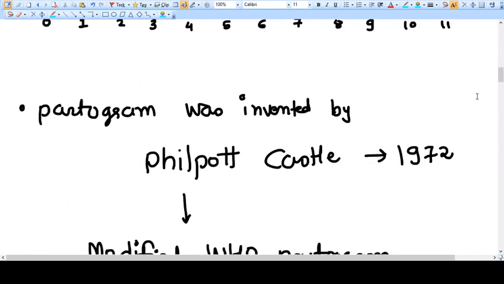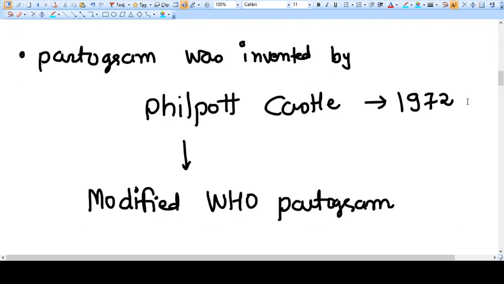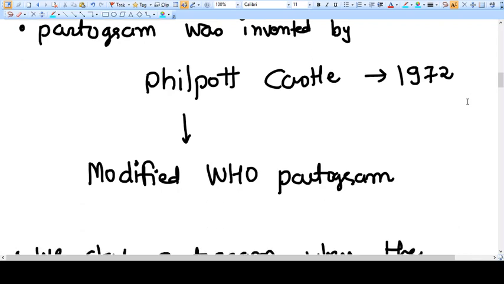One thing I want to remind you, very important. Partogram was invented in 1972 by Philpott and Carroll. But that was a very detailed partogram, and it is not easy to maintain it for all the patients.